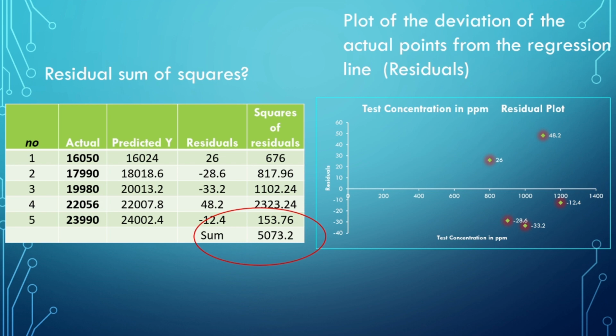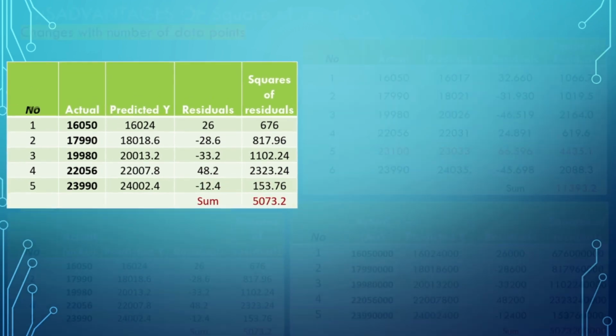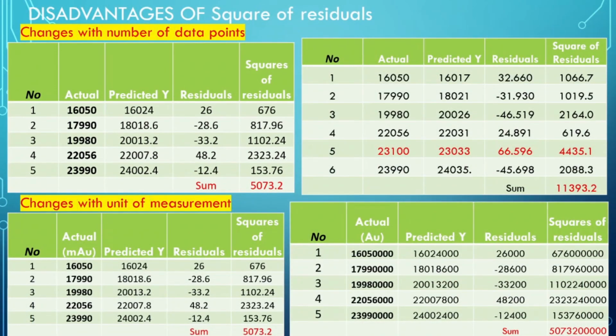To check that, we are seeing some more data. For example, ICH is telling that you should take a minimum of 5 points, but there is no limit for the maximum. Say someone took 6 concentration points between 80 to 120 percent: say 80, 90, 100, 115, and then 120.